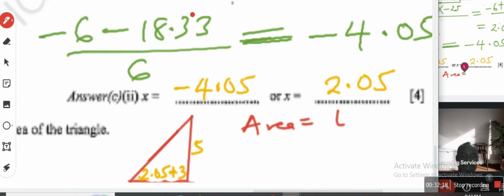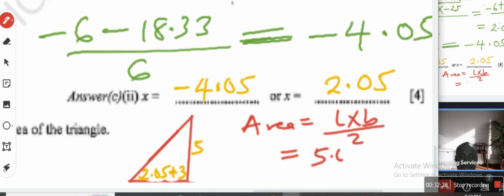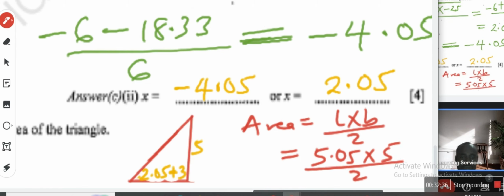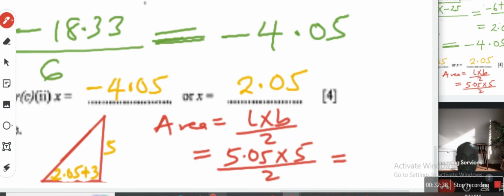I've got 12.62. That's 5.05 times breadth is 5/2. What do you say you got? 12.62. 12.6 is fine.